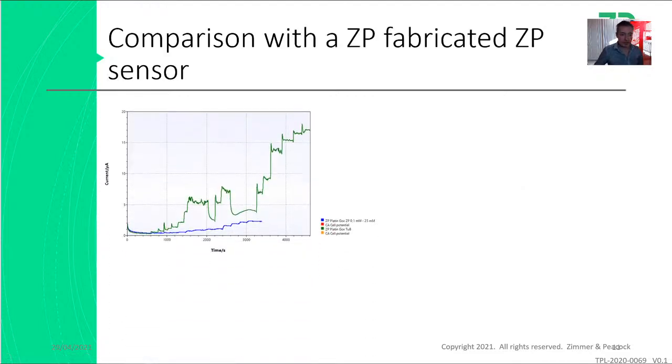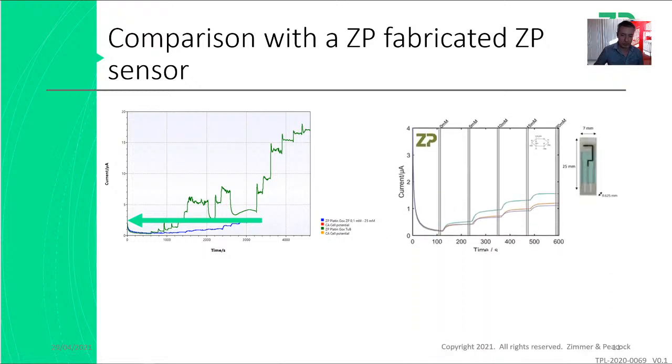Just one last thing. These ZP developer members were worried that their sensor was different from our sensor. When they make their sensor using the ZP formulation, at 25 millimolar, they have a signal of approximately 2 microamps. If you go to the ZP website and look at our raw data there, we also have a signal that's approximately 2 microamps.